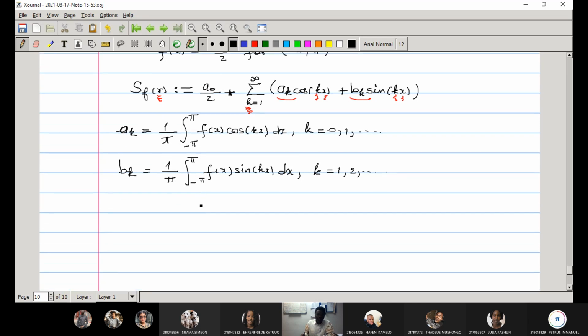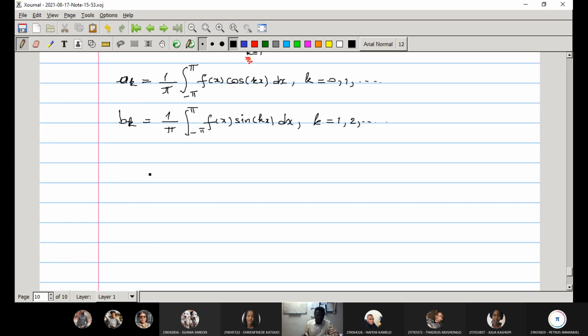Because I know that from the expression of the integral, if I have an integral from a to b of, say, the function f of x, let's say for instance this is how my function f is defined.